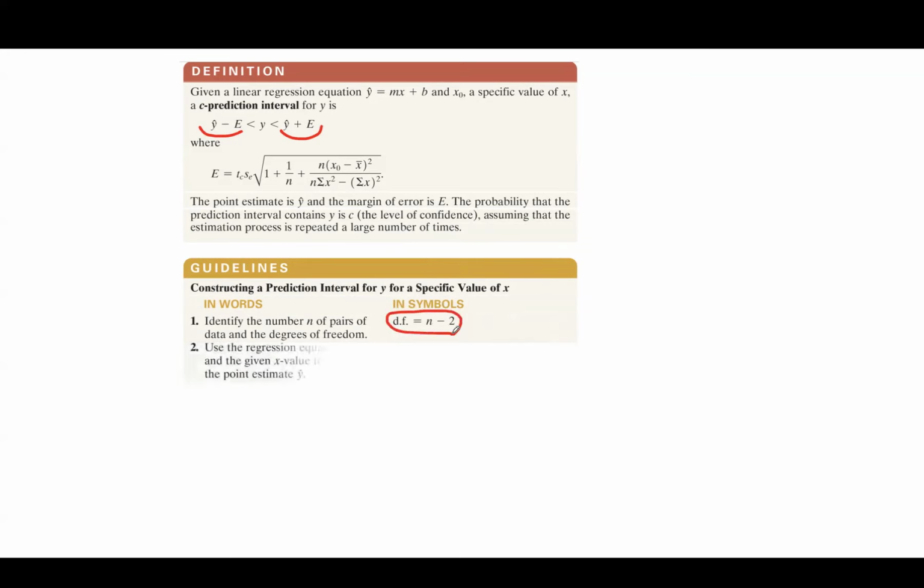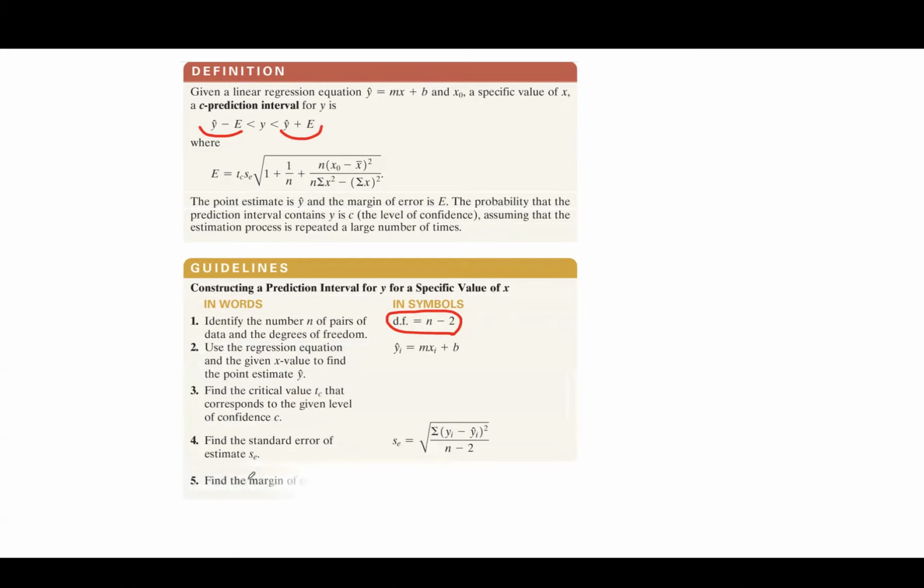Next, use the regression equation and the given x value to find the point estimate y hat. Then find the critical value t sub c using the t table, find the standard error of estimate s sub e, and finally, find the margin of error to be able to form your prediction interval.